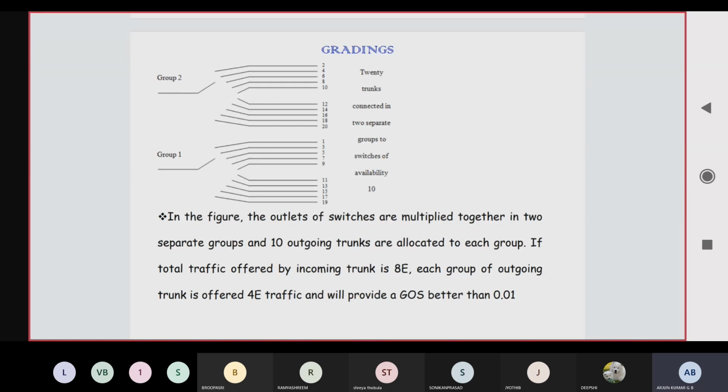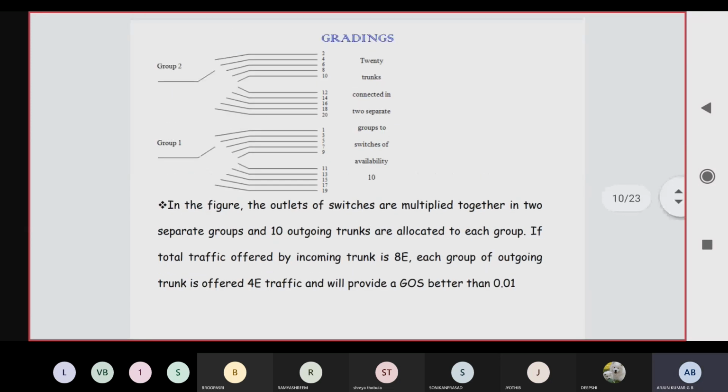This is the grading mechanism we are adopting in the system. We have 20 trunk lines. We observe we have 20 trunks on the outgoing route to which incoming trunks have access by means of switching, giving an availability of 10 only.